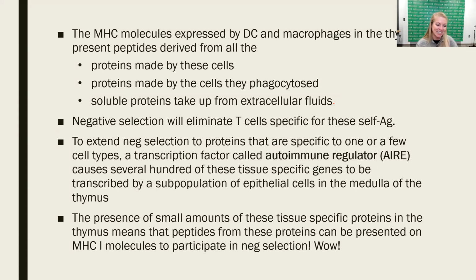They can actually create tissue-specific proteins and present them to T cells in the thymus to prevent autoimmune T cells from leaving the thymus. It's just absolutely mind-blowing to me that we have this level of negative selection available. Like, I mean, evolution, it is crazy.